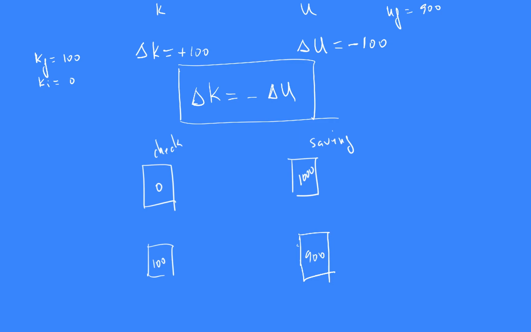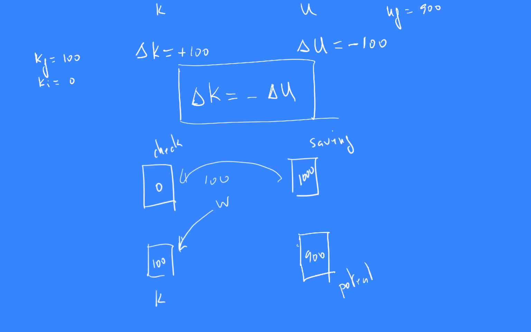The saving account is the potential energy. The potential energy is transferring you 100 joules, and the work is 100 joules. So it's a positive work, so this is the kinetic energy.